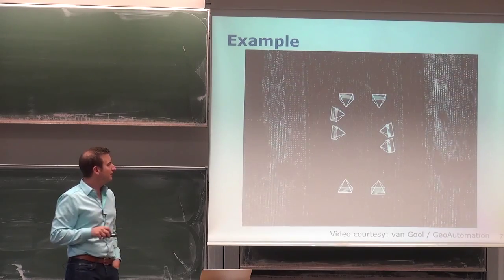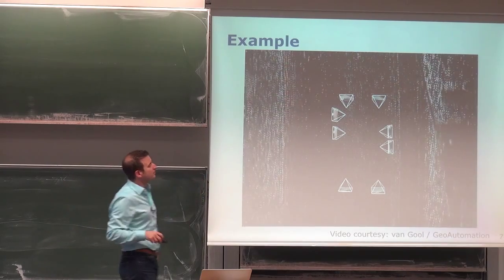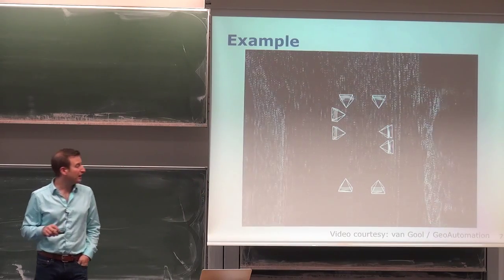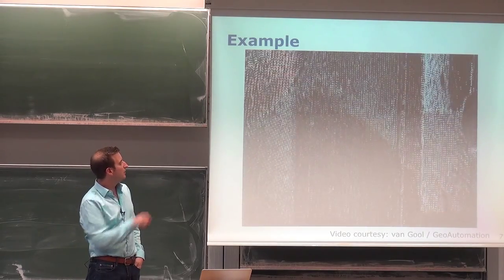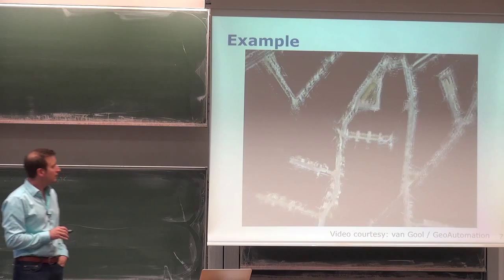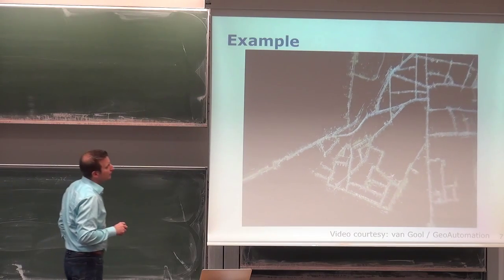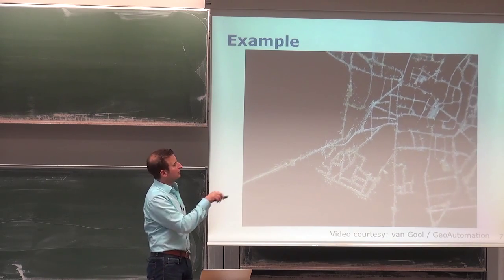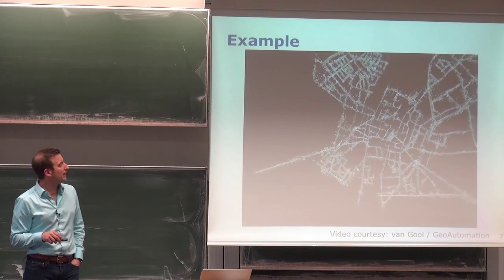You can now drive through the environment, record camera data, estimate the 3D location of those points, and at the same point in time build a map of the environment and locate your cameras in the scene. And if you can do that on a large scale, you can zoom out in this example over here, and you can actually see that you can construct a city-scale map using this approach.